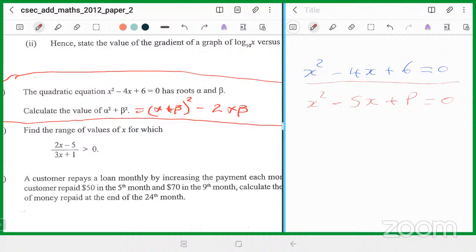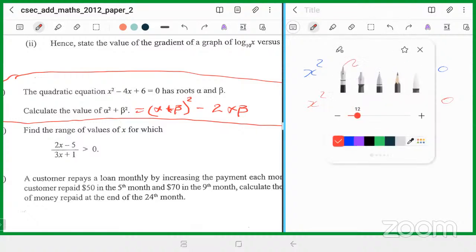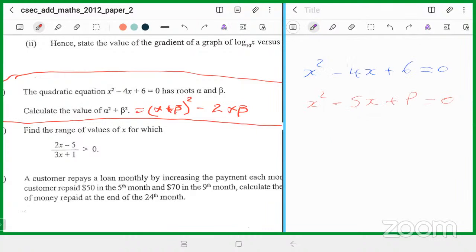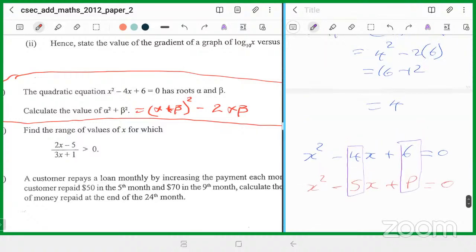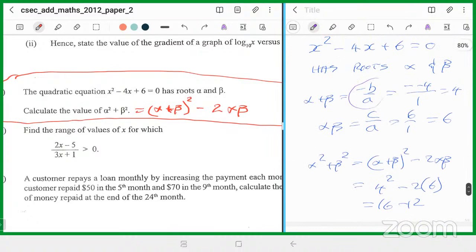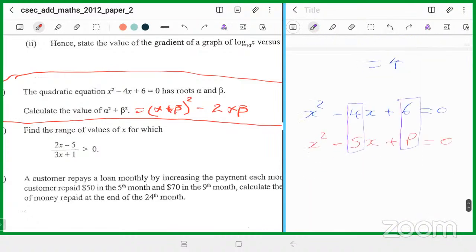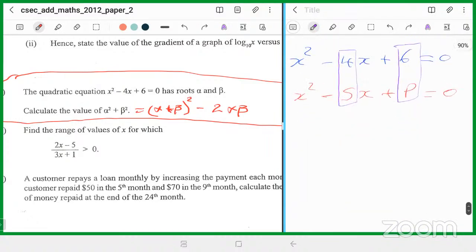This is already in that form, so I could have looked at it and known that my sum is equal to 4, because that's a minus and that's a minus. And my product is 6, because this is a plus and this is a plus. So I did not have to use the formula minus b over a and c over a, because this was set out for me already in a friendly way.